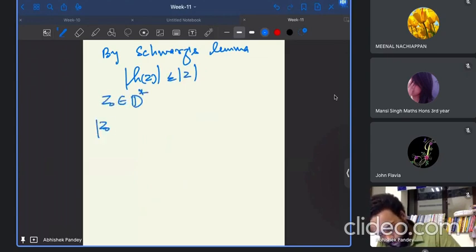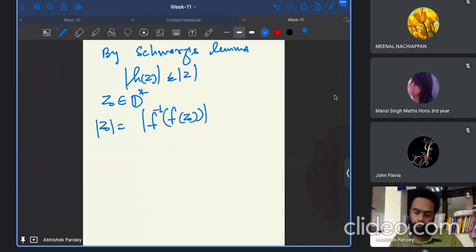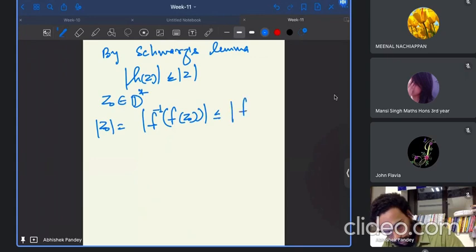So mod of z naught is basically f inverse of f of z naught, and this is less than or equal to mod f of z naught, which is nothing but h of z naught.